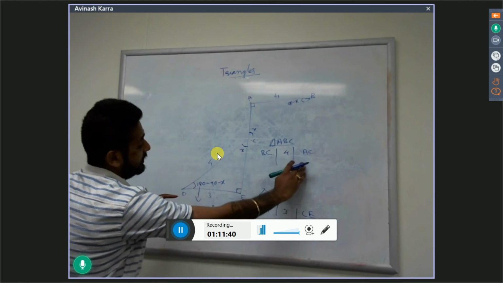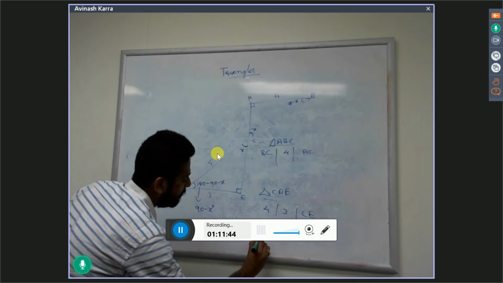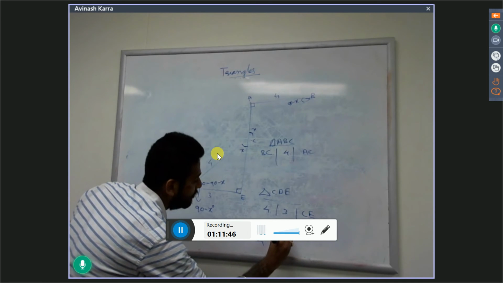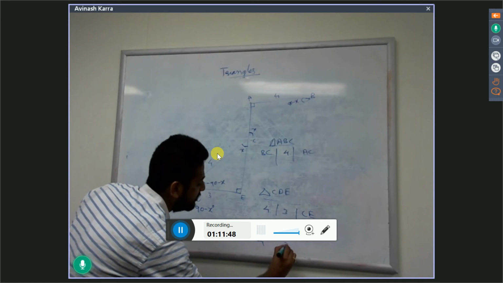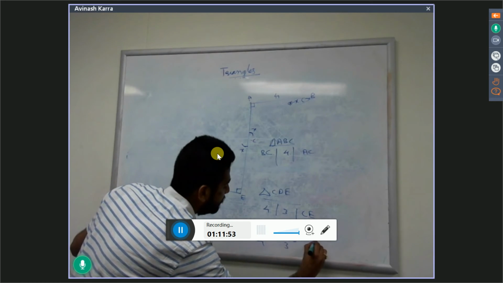See, you need to write it in an order. Now, BC by 4 is equal to 4 by 3 equal to AC by 3.